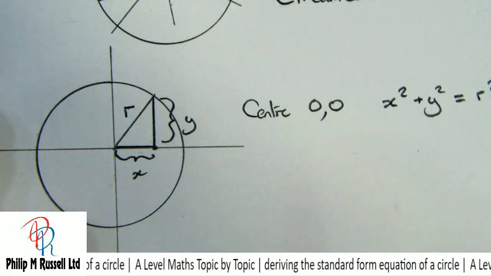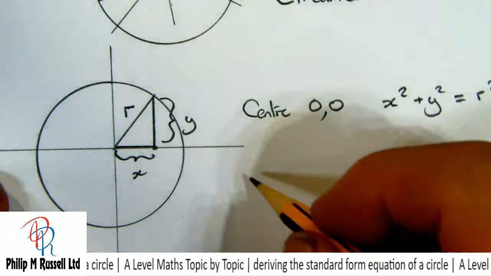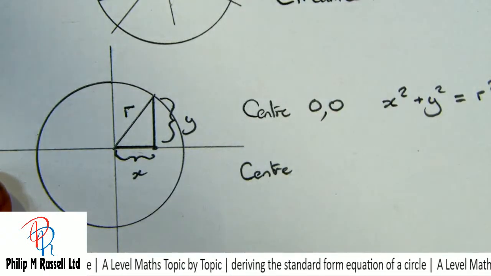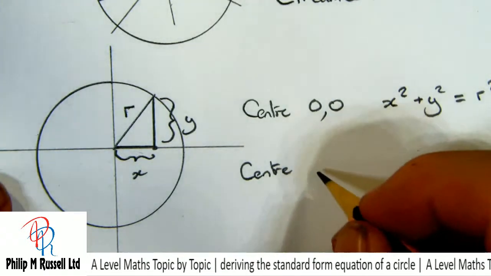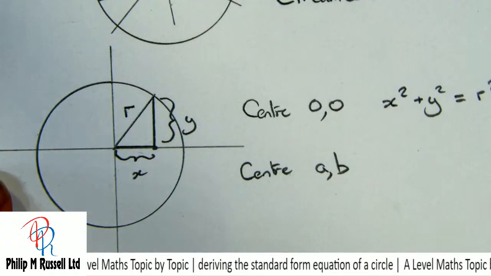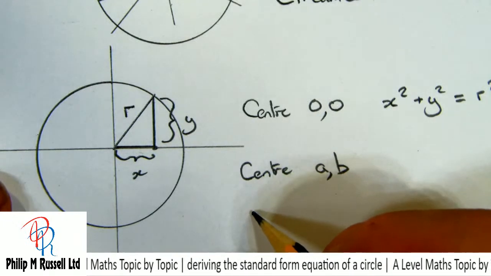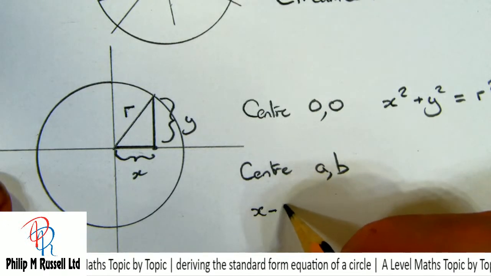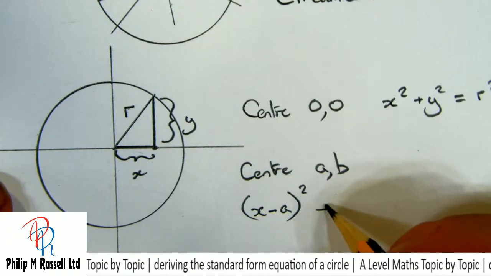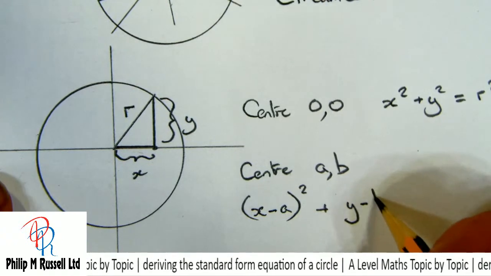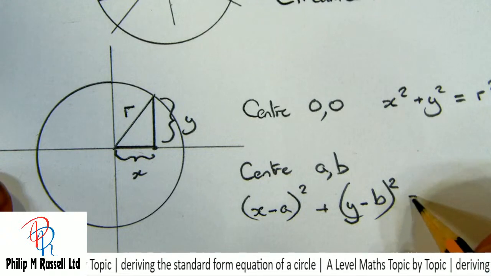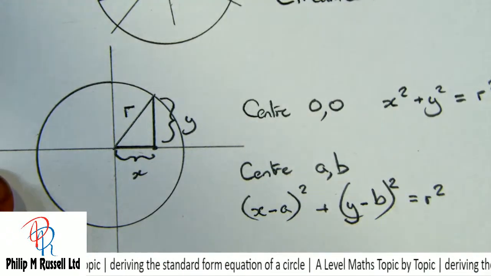When we've got a circle that is not at the center, so let's give this a center of something like a, b, then our equation of our circle will be x minus a all squared plus y minus b all squared, and that again will equal the radius squared.